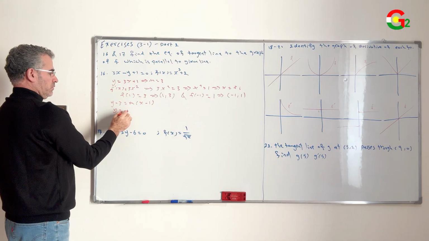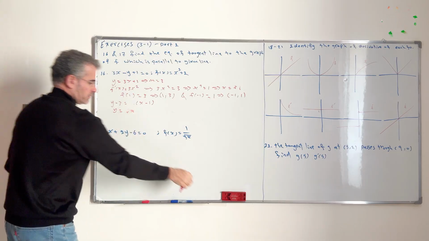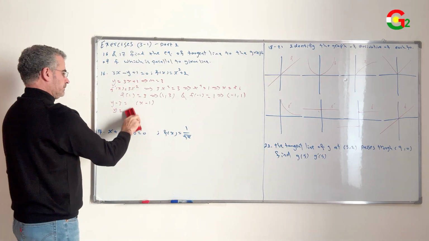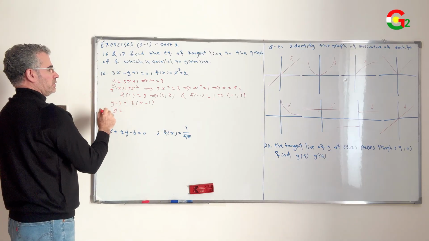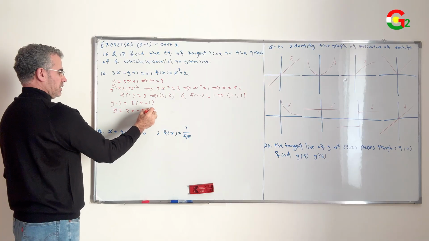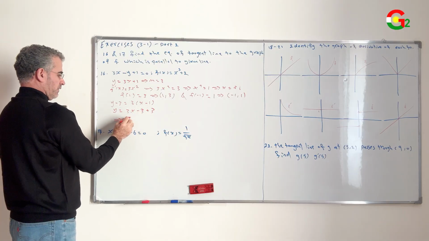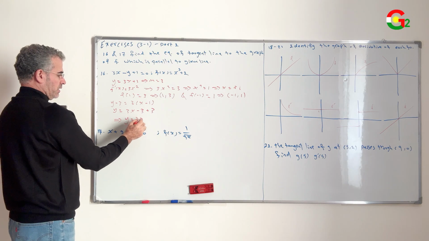Y equal to 3x minus 3 plus 3. Therefore, the first tangent line has the equation y equal to 3x.